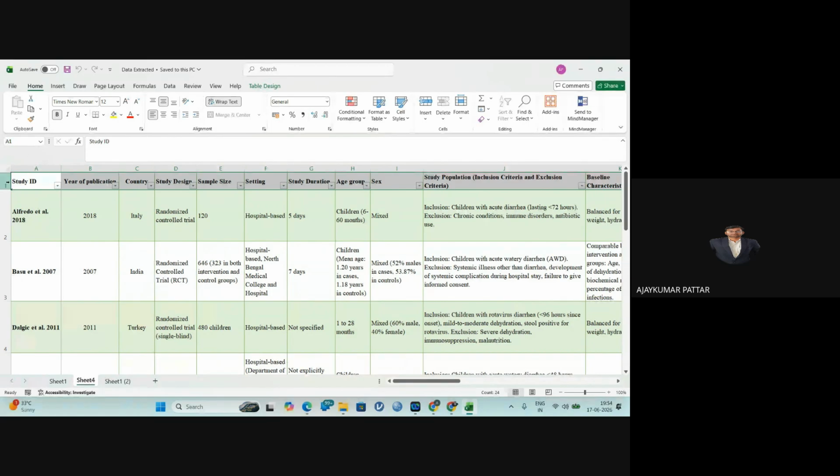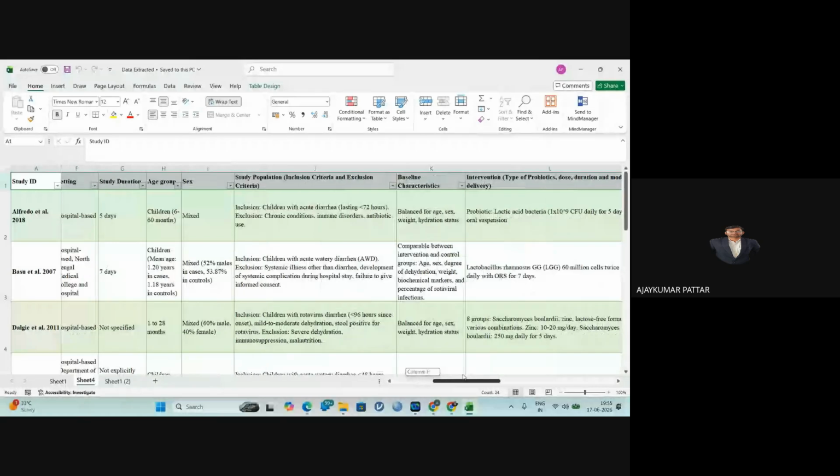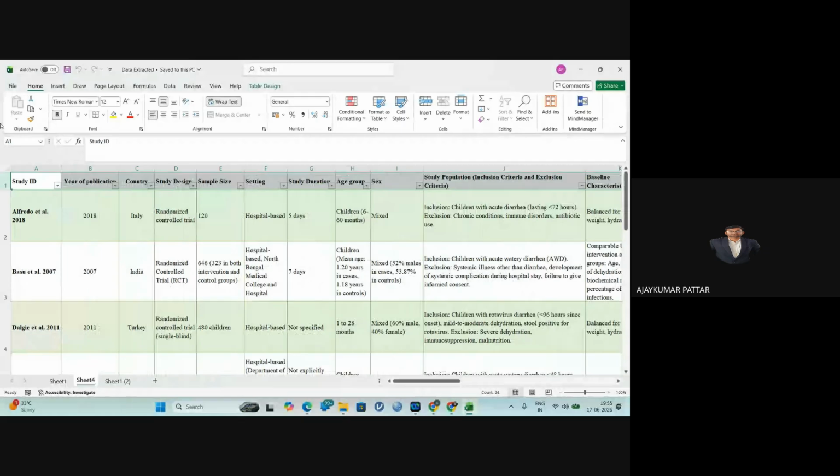First you have to identify the study ID and year of publication. We mention the headings in the first row. Which headings we want depends on our need. Most studies need some common data, so we have to make the headings, and we will go through the papers one by one and extract the data from each paper.